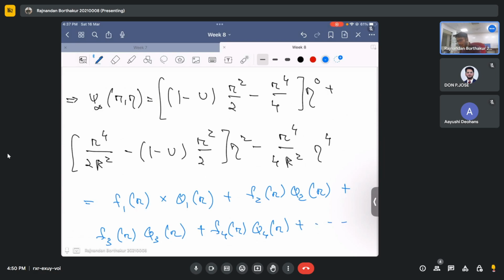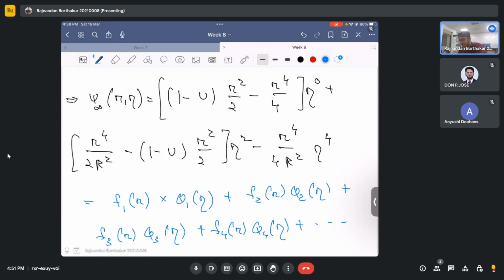Sorry, I just made a mistake. The q's are functions of eta, they are not functions of r. The f functions are just functions of r, and the q's are functions of eta that we know.